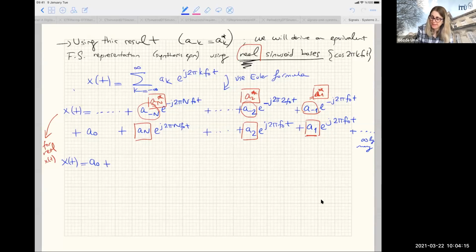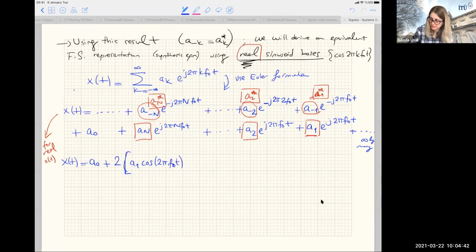And then I will join these a n and a n conjugates into 2 cosine. Use the inverse Euler formula. 2 in the parentheses, a1 cosine 2 pi f0 t.